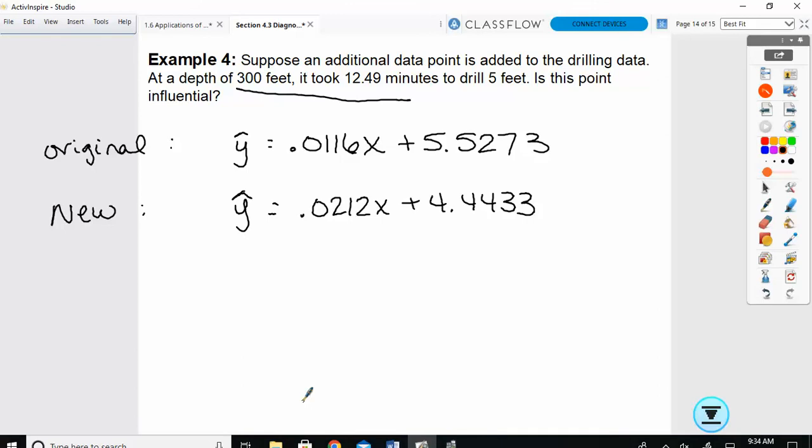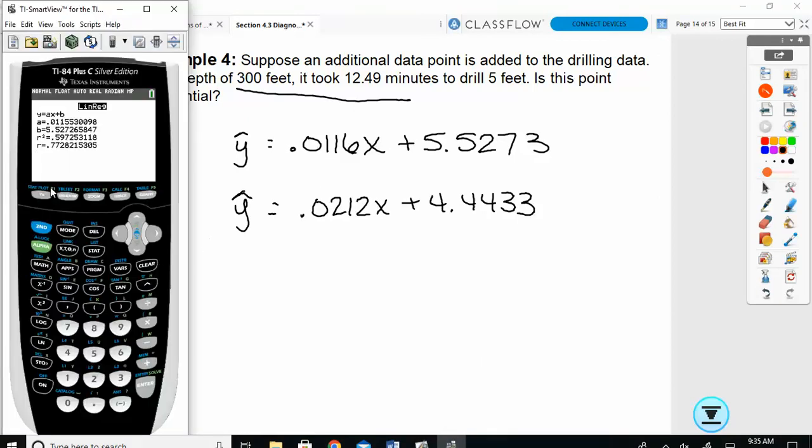So I'm at this point and I was trying to decide if it was influential. If you just compare these lines, does it appear to be a big difference? Doesn't really look like it. Another way you could check is actually graph both of those lines. If you go to your y equals, for whatever reason my calculator is freezing, so it's not letting me do anything.